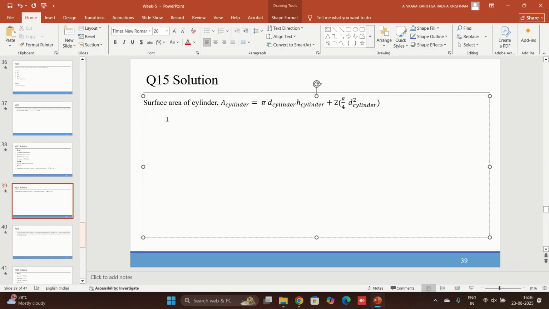So the surface area of the cylinder is equal to 3.14 into diameter of cylinder, 1 micrometer, into 3 micrometer height, plus 2 times 3.14 by 4 into 1 square.